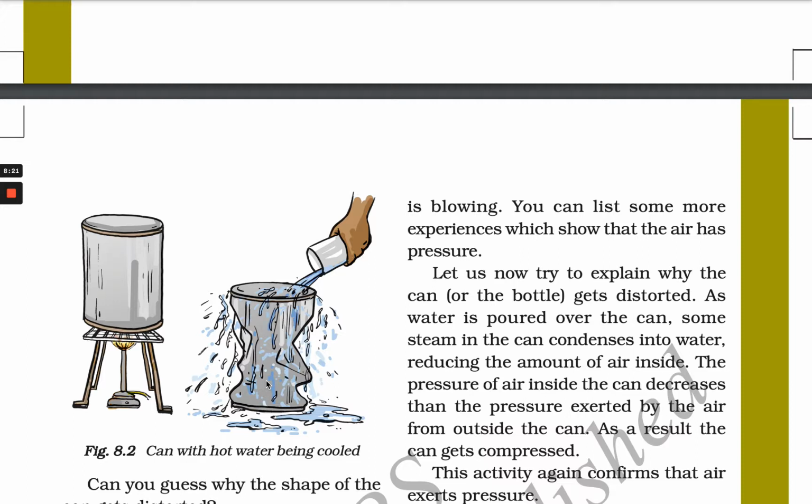The water is boiling inside the tin container, right? So it's in the form of vapor. When cold water is poured on the tin container, this vapor converts itself into water.